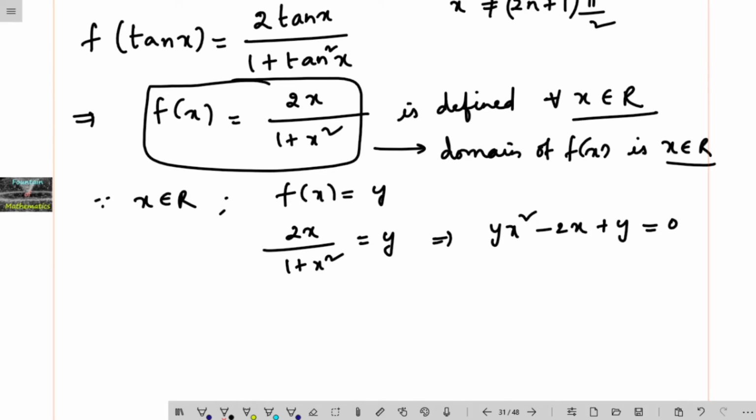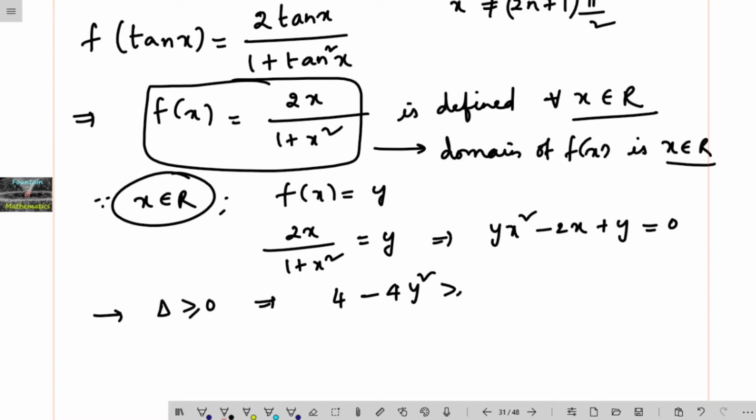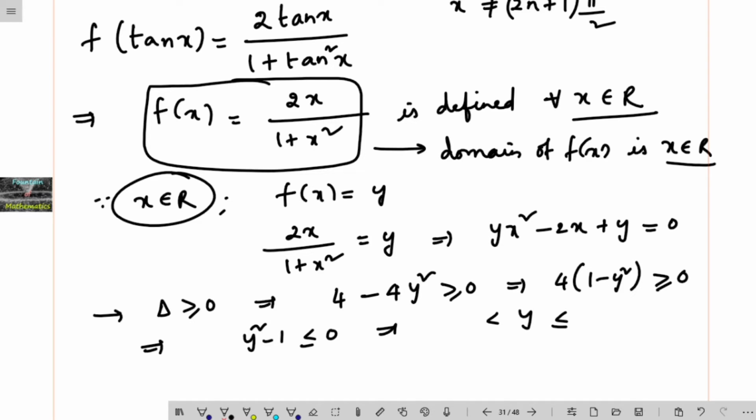It is a quadratic equation in x where x is a real number, so its discriminant must be greater than or equal to 0. That is 4 minus 4y into y, that is 4 minus 4y square, must be greater than or equal to 0. We can write 4 times (1 minus y square) is greater than or equal to 0, or y square minus 1 is less than or equal to 0, which implies y lies between minus 1 and plus 1.